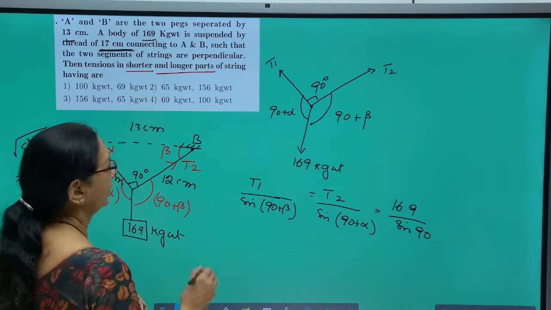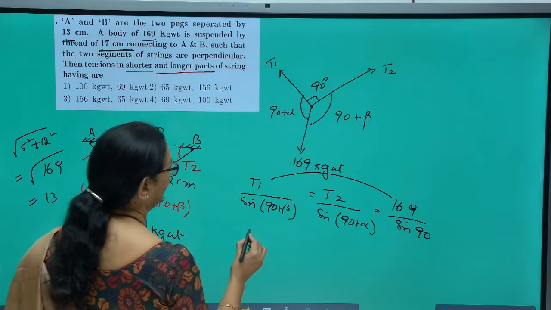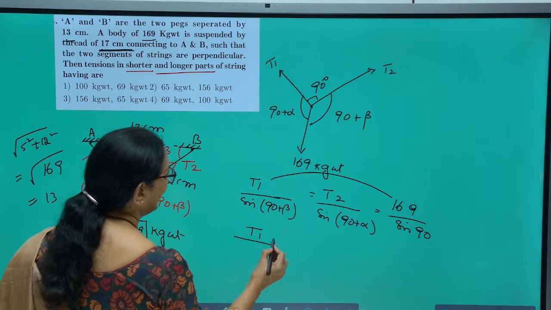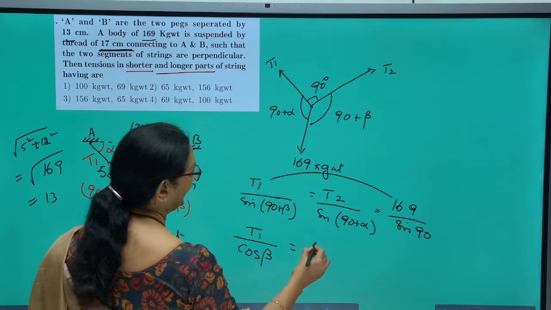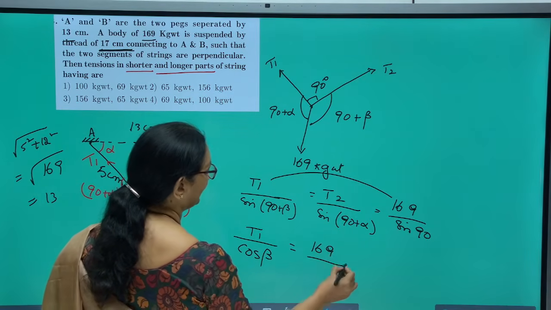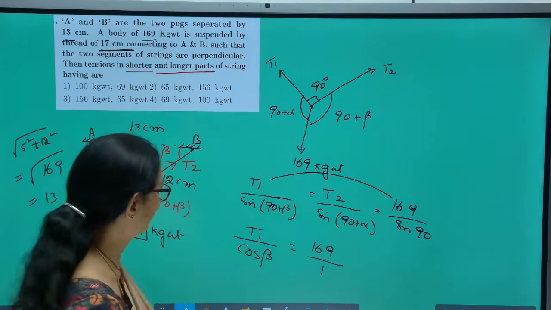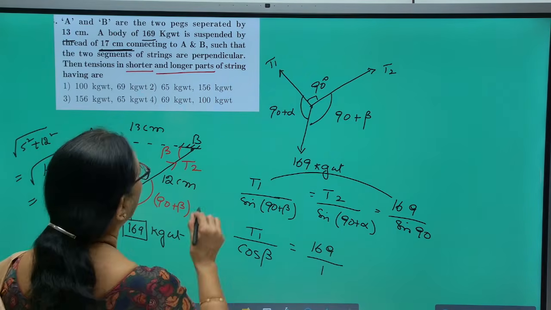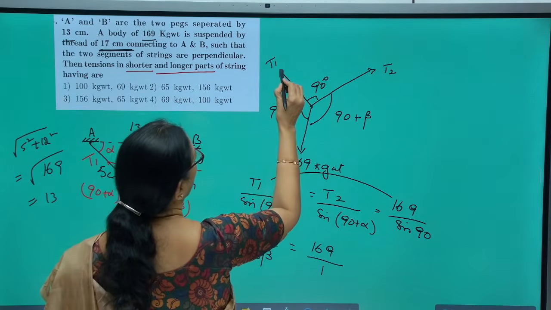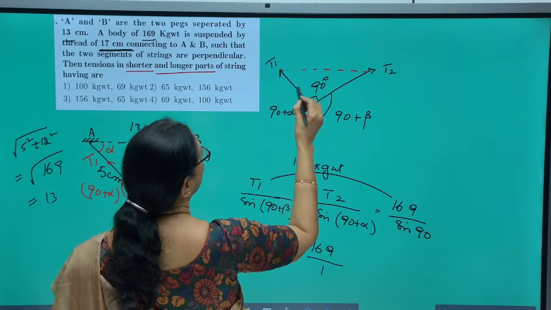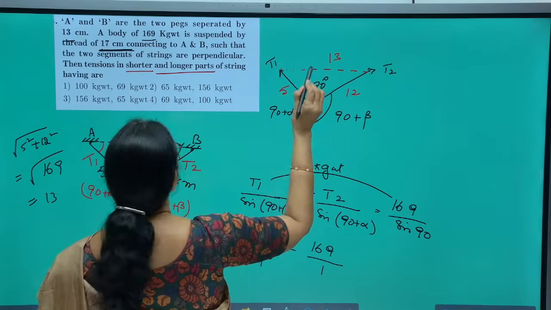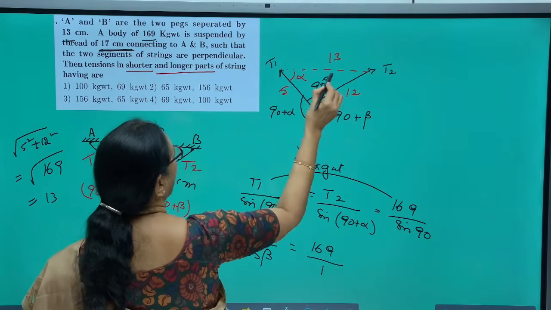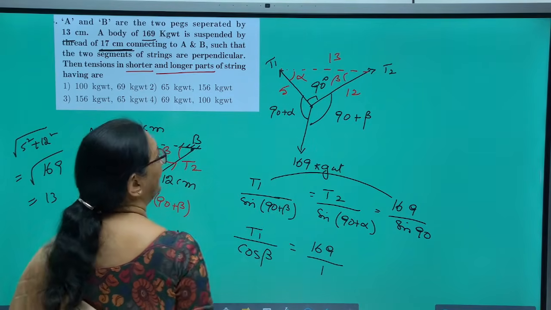Now, look here. T1 by sine 90 plus beta, which is cos beta, is equal to 169 kg weight by sine 90, which is 1. Coming to cos beta, this side is given as 5, this as 12, this as 13, this angle as alpha and this as beta.